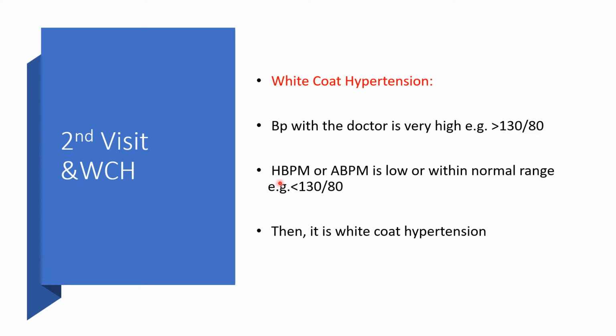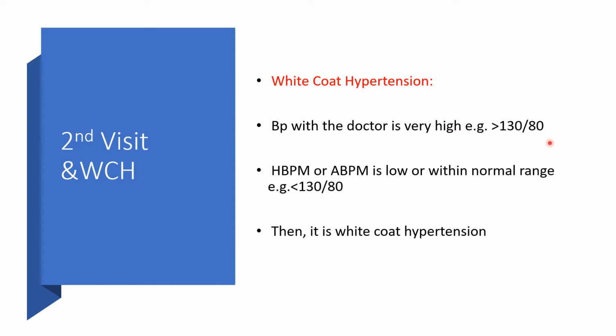But going through the record from home blood pressure measurement and ambulatory blood pressure, if it is below this value, or is just grossly within normal range, then we'll conclude this is white coat hypertension, meaning the BP is only high while in the presence of the doctor or the nurse. So that is not hypertension. That is why home-based and ambulatory will help us to rule out white coat hypertension.